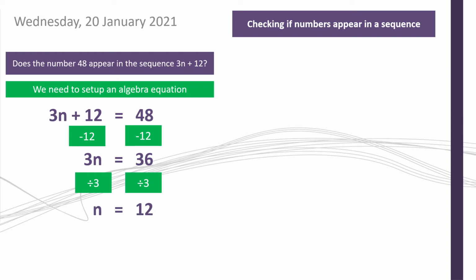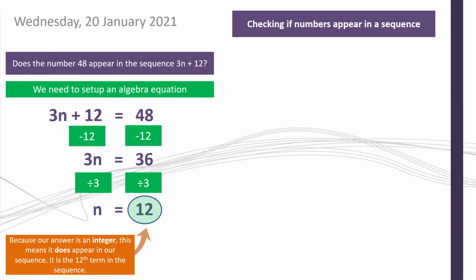If n turns out to be an integer, as it is in this case, the term does appear in the sequence. The result shows which term the number is in the sequence. So in this case, the number 48 is the 12th number in this sequence.